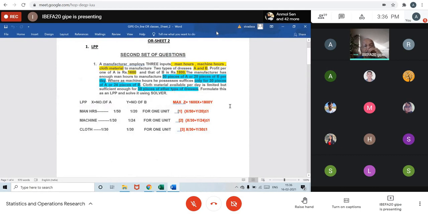It'll be minimum, but what will it be? 1 into y1 plus 1 into y2 plus 1 into y3 a day. Okay, sir, I got it. Because data is given per day.